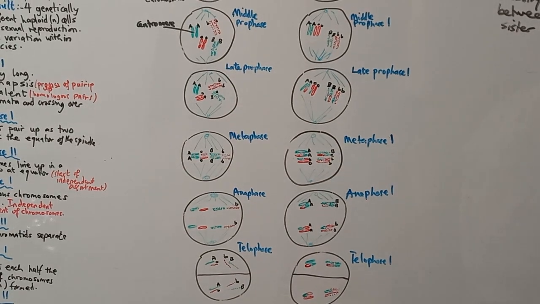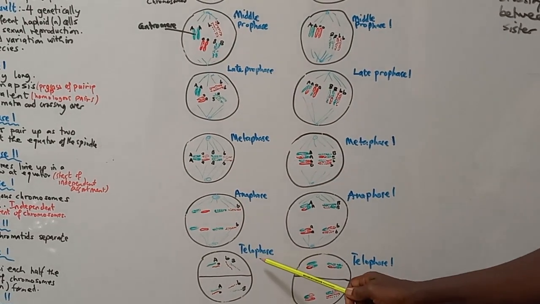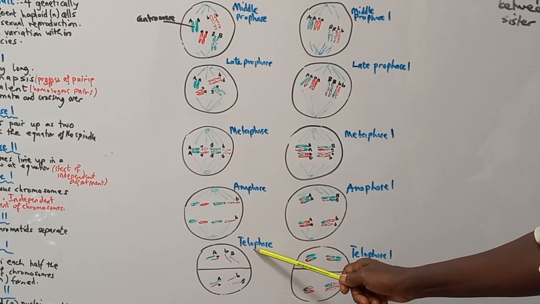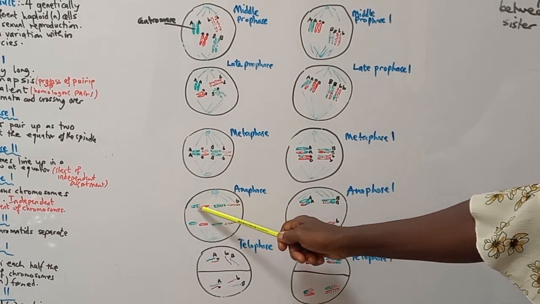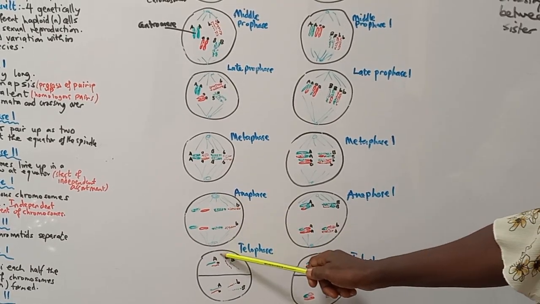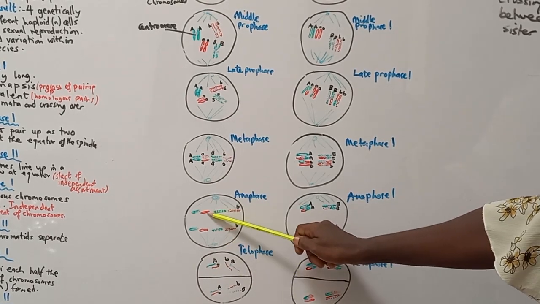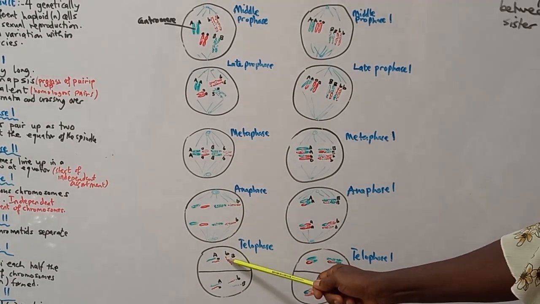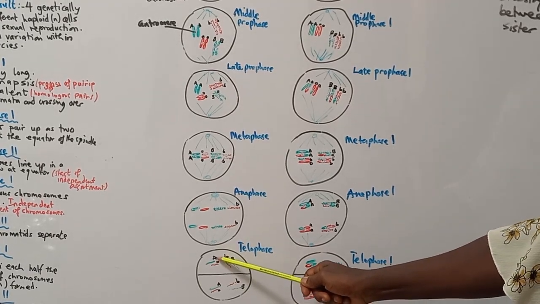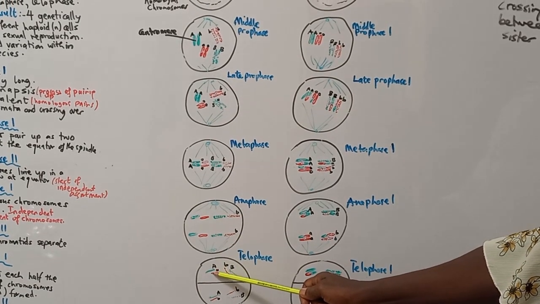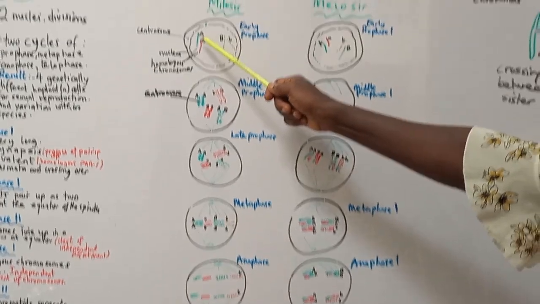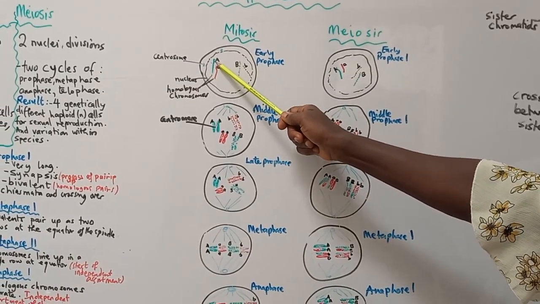Good. Then you have telophase. Telophase in mitosis, the chromatids that separated have reached the poles of the cell. And the chromatids thin out and look exactly like the thin chromatin we started with.